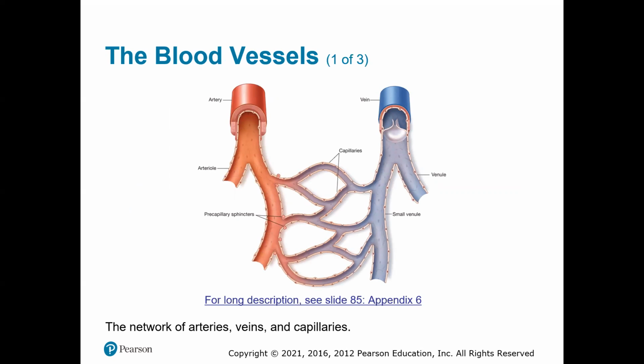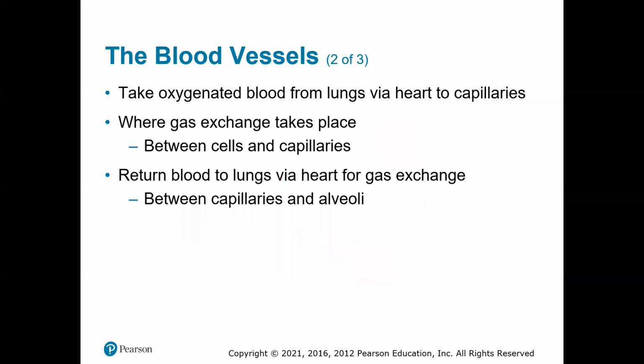Blood vessels, a little bit of refresher on the anatomy and physiology. Arteries move away from the heart, veins move towards the heart, and the actual exchange is done in the capillaries. Blood vessels take oxygenated blood from the lungs via the heart to the capillaries in all parts of our body.